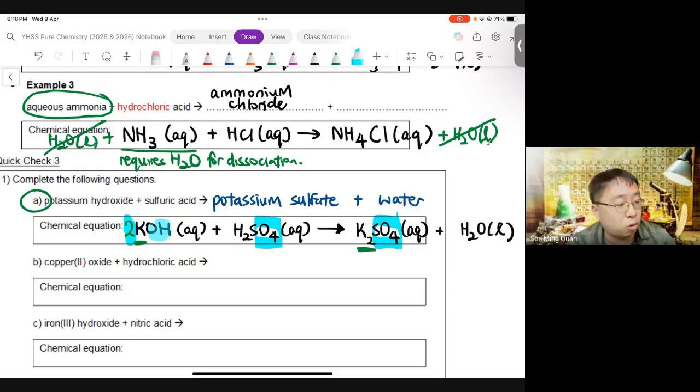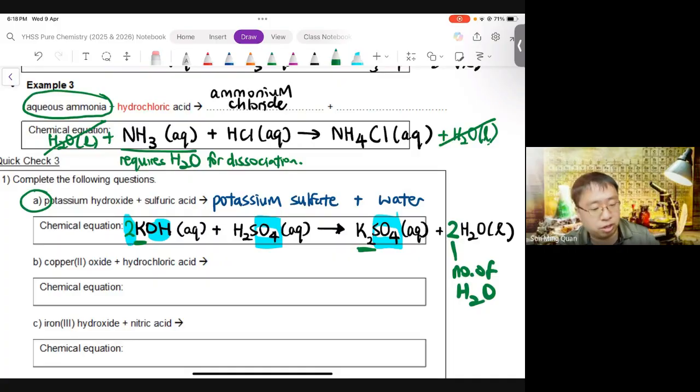It also has 2 OH. Whenever you have 2 OH, you will have 2 H2O. The number of H2O in the balanced equation is equal to the number of OH minus. If you had 2 OH minus, in this case, you must have 2 H2O.